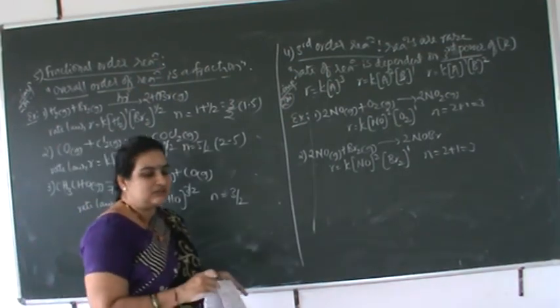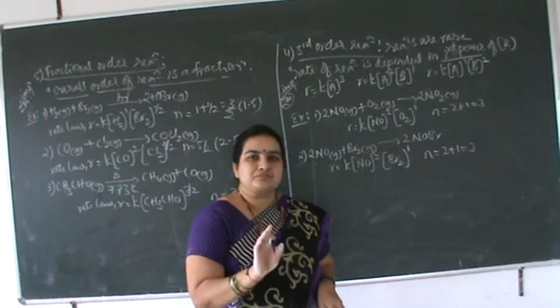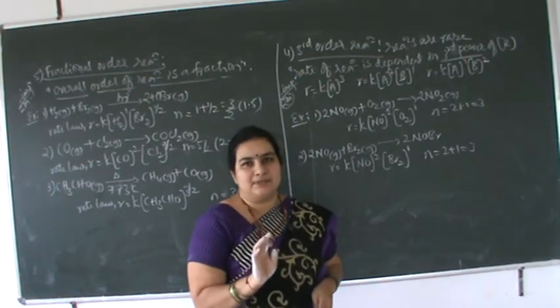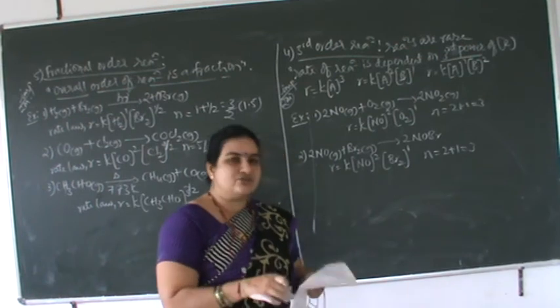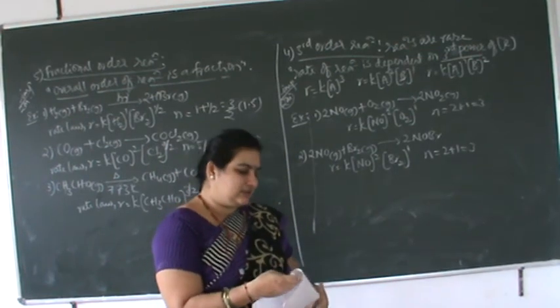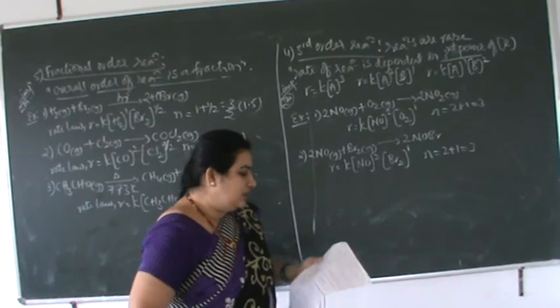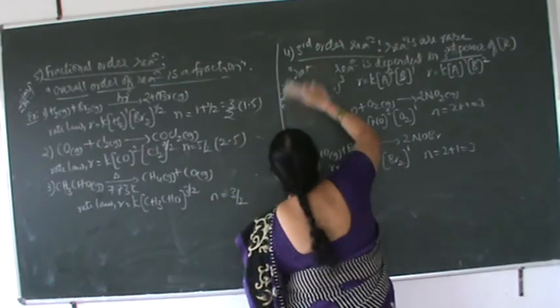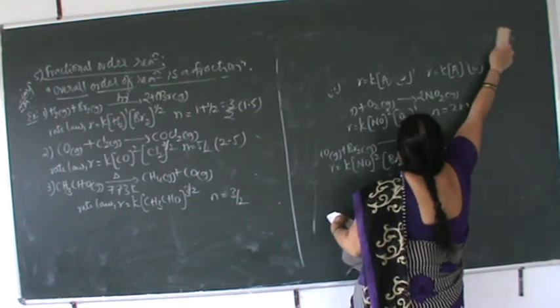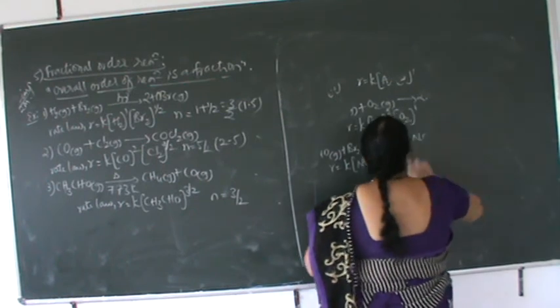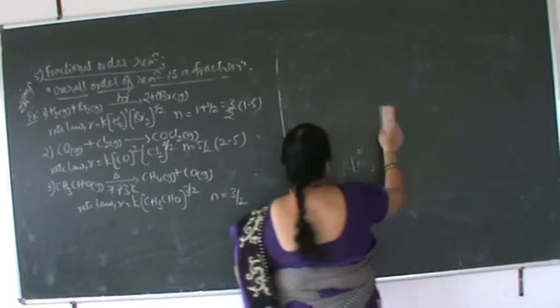Okay, so I will just wind up my topics, but I will solve for you some of the problems which you have studied in the last and this class. Let me solve 2 to 3 problems related to order, rate law and rate constant.